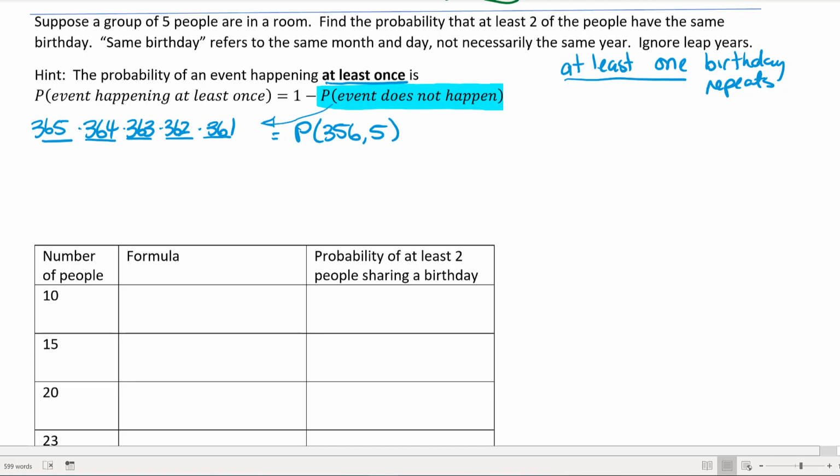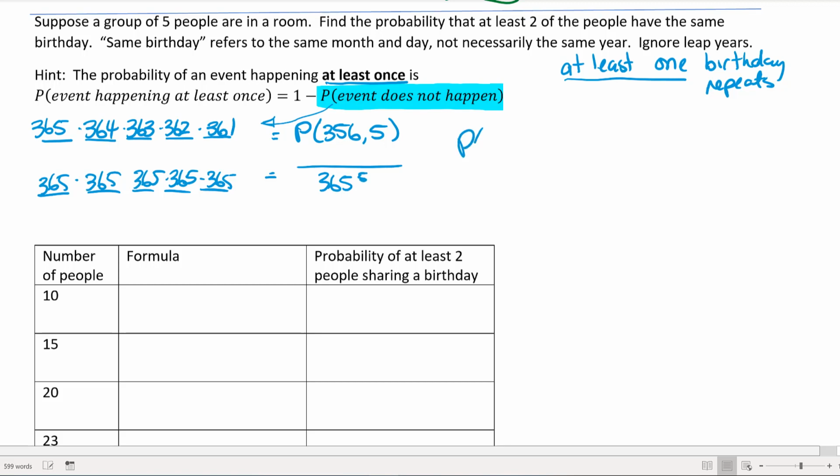Now, how many total ways could we have the 5 people have the birthdays? Well, in that case, we have just 365 times 365, 5 times, which is really 365 to the 5th.